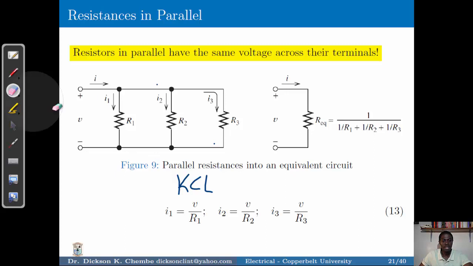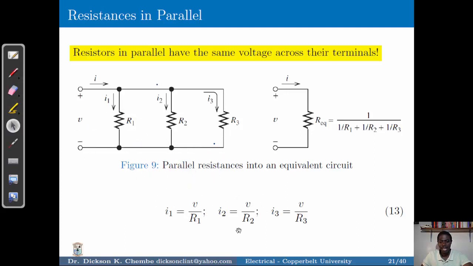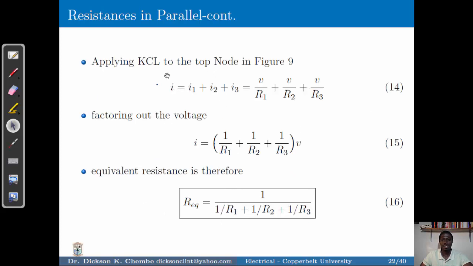Therefore, applying KCL, the current splits into these currents, and when they are added up, they should give us the total current. By applying basic Ohm's law, current is equal to voltage over resistance.